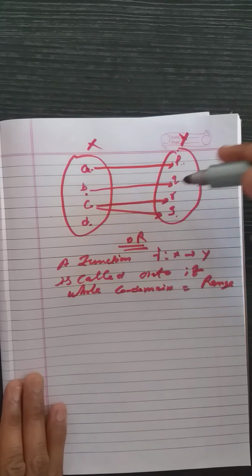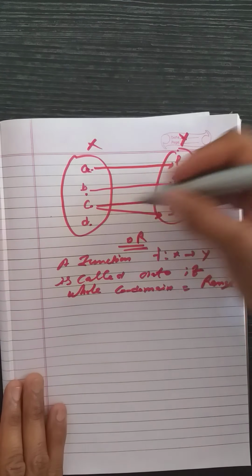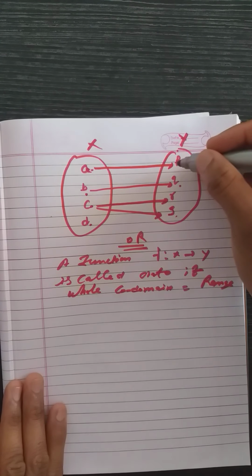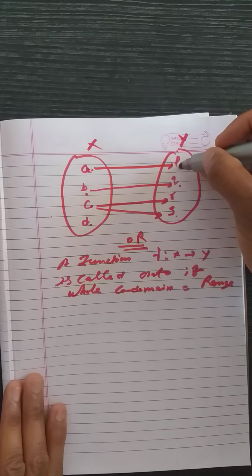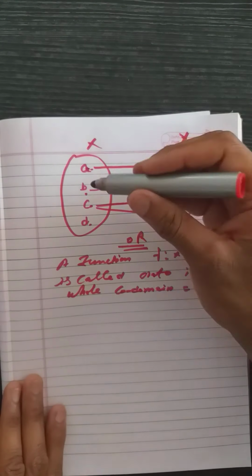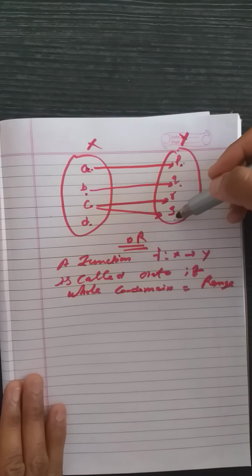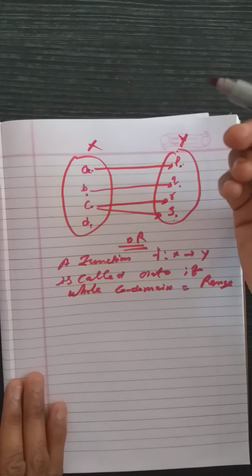C is the pre-image of s and c is also the pre-image of r, b is the pre-image of q, and a is the pre-image of p. That is, the image of a equals p, the image of b equals q, the image of c equals r, and the image of c equals s also. d is left.